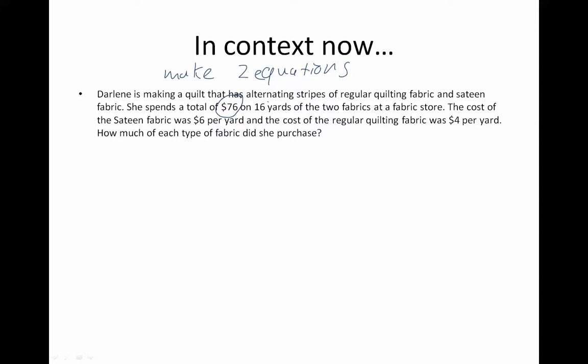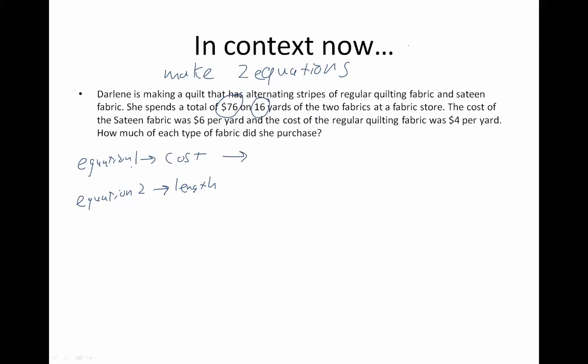And then we're also being told how many yards of fabric she purchased. So we're going to have one equation where we're talking about cost, and then we're going to have another equation where we are talking about length. So let's do the cost equation first.